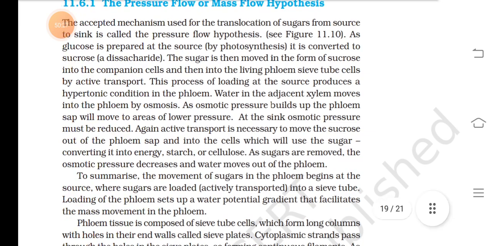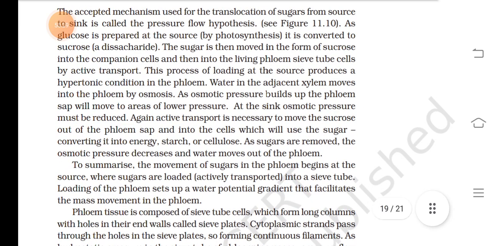The accepted mechanism used for the translocation of sugar from source to sink is called the pressure flow hypothesis. As glucose is prepared at the source, it is converted to sucrose. The sugar is then moved in the form of sucrose into the companion cell and then into the living phloem sieve tube cells by active transport.